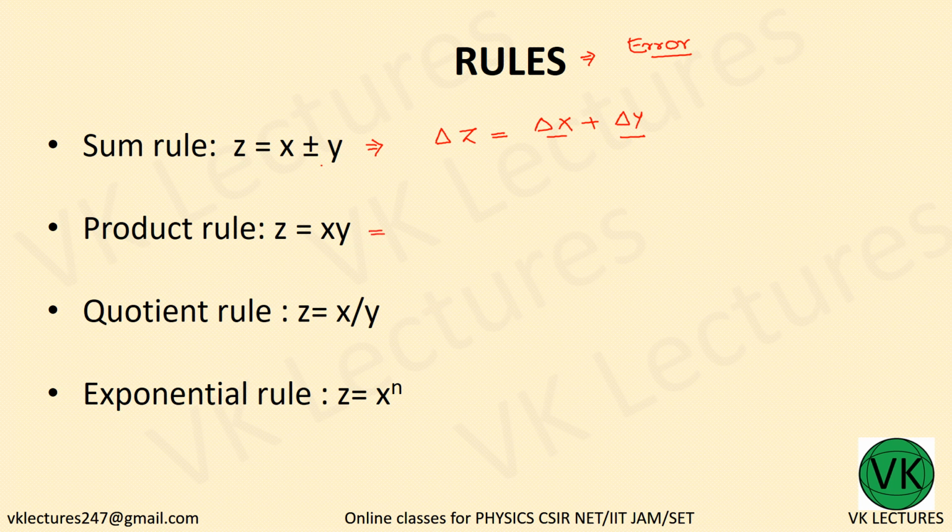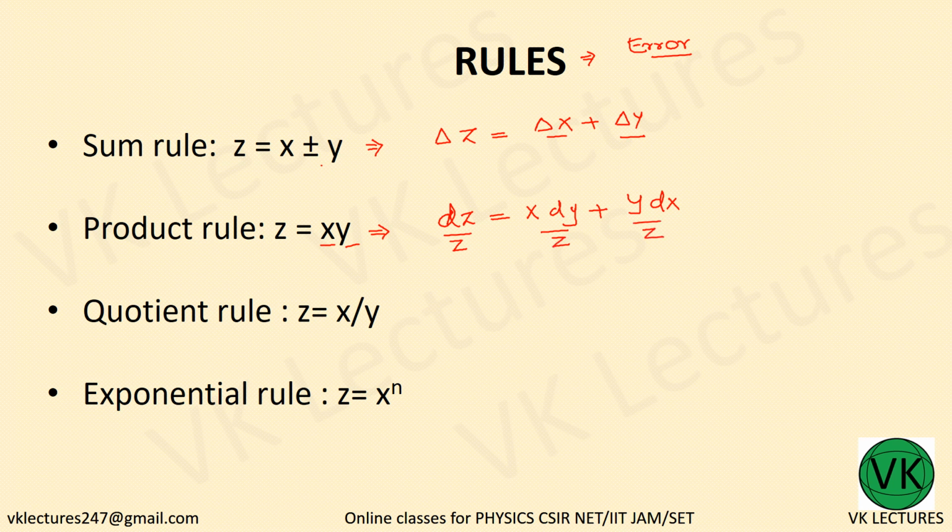Now for the product rule, yesterday we have seen how to differentiate. Let us try differentiating this. dz is equal to, first let us take x as constant, x times dy, plus now let us take y as constant, y times dx. So dz is equal to x dy plus y dx. Now let us divide it by z.